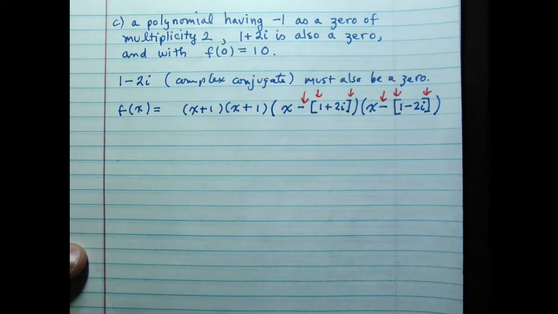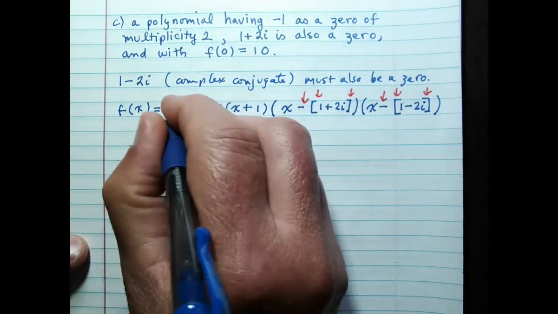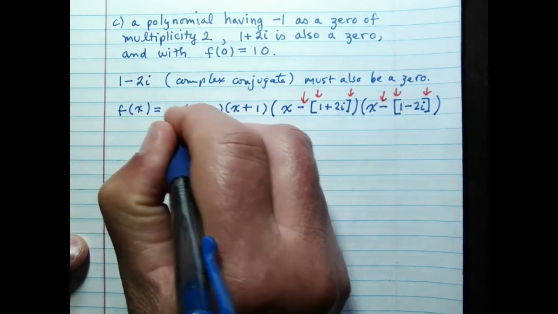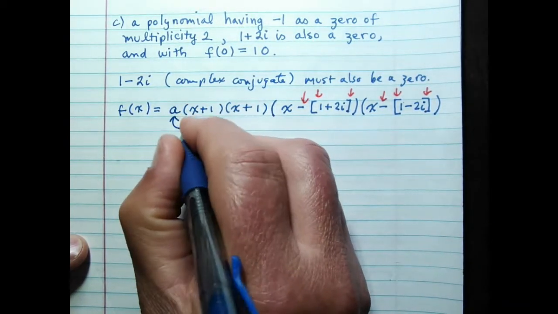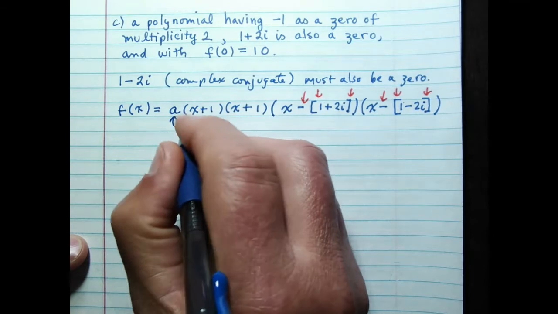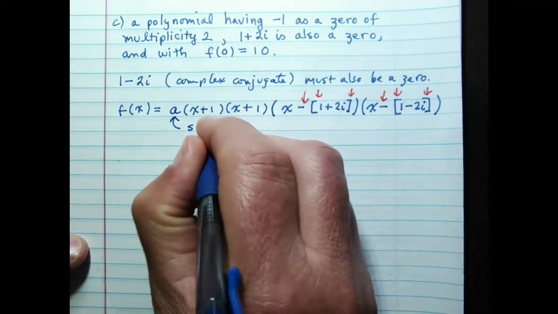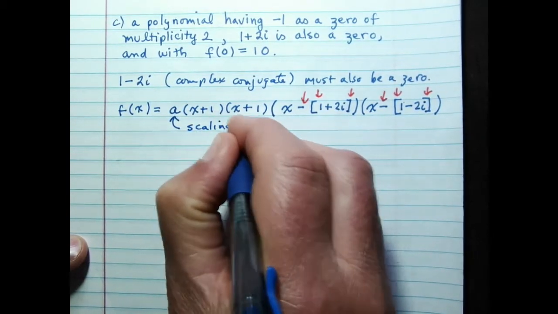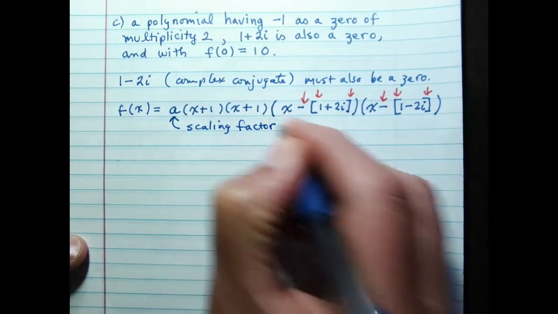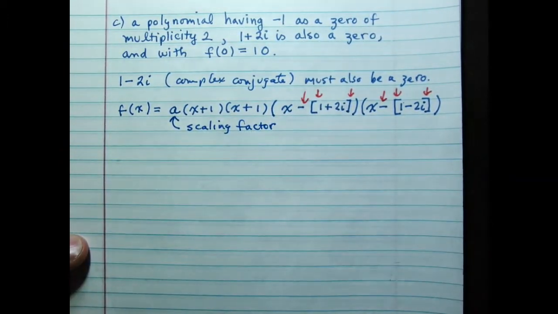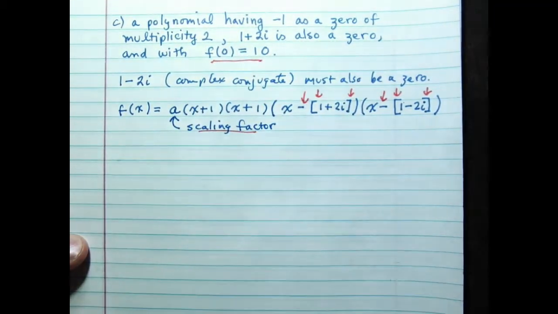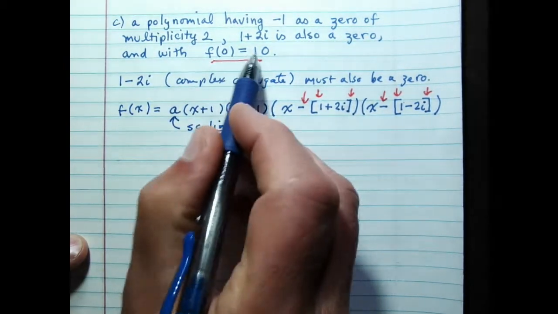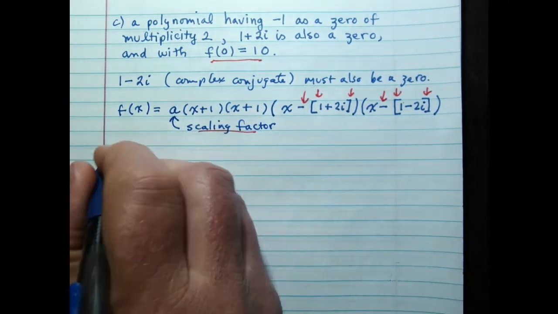And I'm going to go right ahead and introduce the scaling factor. There's always a chance you don't need it, or that 1 would work, but we're just going to go ahead and put in our a. And where does the a come into play? The a comes into play when we're trying to make f of 0 come out to be 10. So let's see if we can do that.